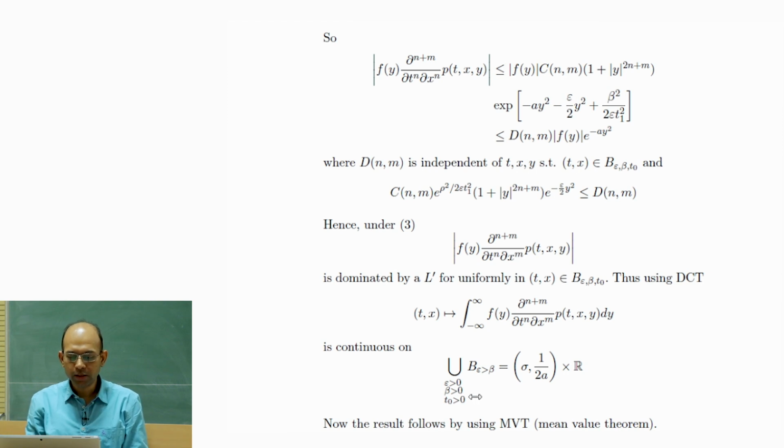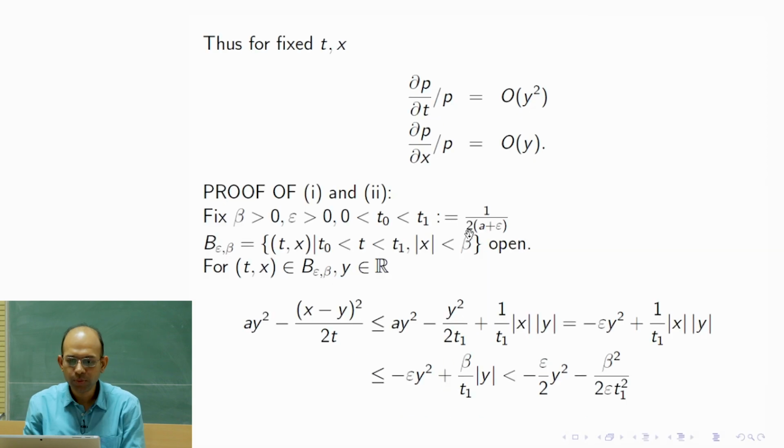And if you take epsilon as small as possible, then T1, which is defined as 1 over 2 times a plus epsilon, will be as close as possible to 1 over 2a, because this number is a little less than 1 over 2a. Epsilon is positive, but if you take epsilon as small as possible, then the upper bound of the time limit would be as close as 1 over 2a.